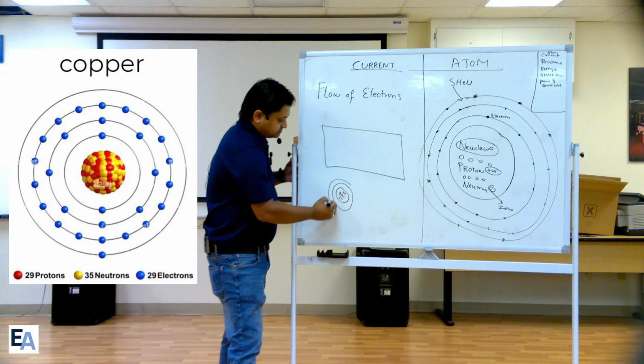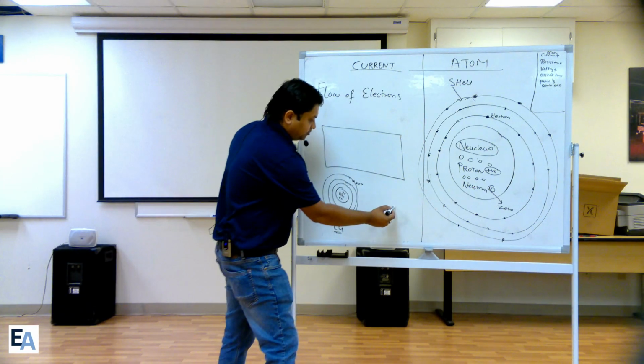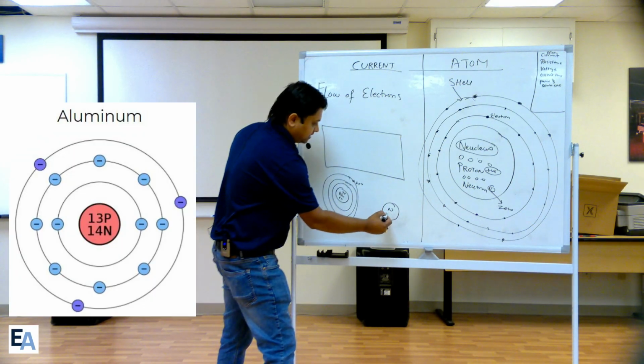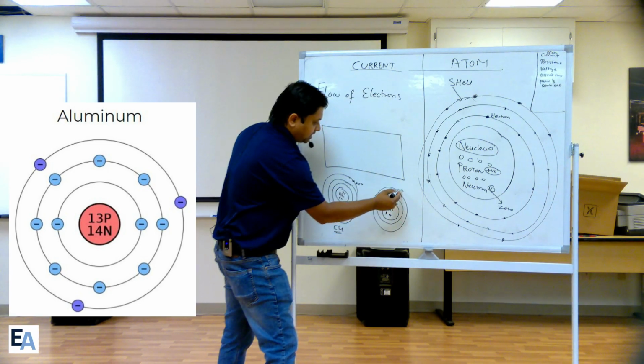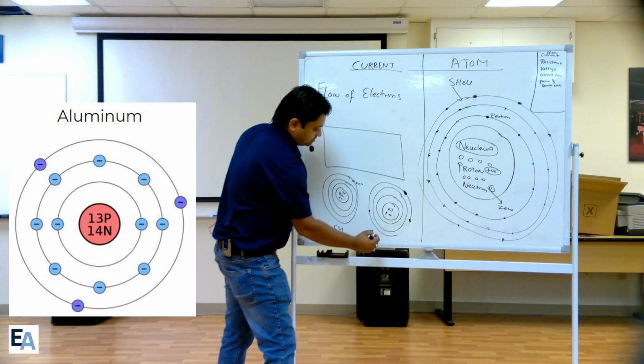Outside the copper, we have one electron sitting here. In aluminum, you have a nucleus with protons and neutrons, and the outermost shell in aluminum has 3 electrons.